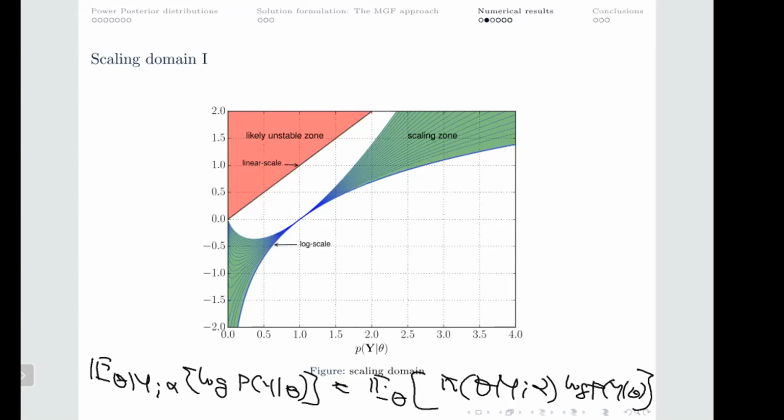But if you do so, you will leave this log scale, and then you will probably be in this zone, and you will have numerical underflow. In our case, we did not stay in this line, in the log scale. We leave the log scale a little bit by exploring this area, so we are still safe. We are not in the unstable zone. This is very important to keep stability in the numerical computation.